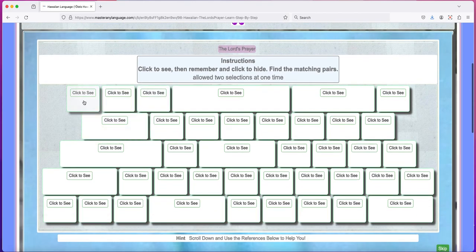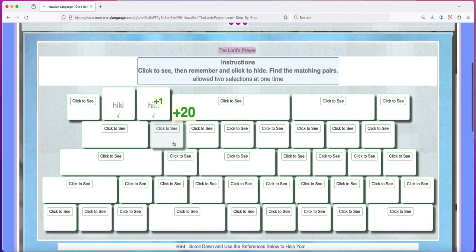And we have to find the same one. Amene. Hiki. Okay, hiki. Ka. Ho'ano haku. Aupuni. Mai. Ka. Oh, that was ka. Yep.